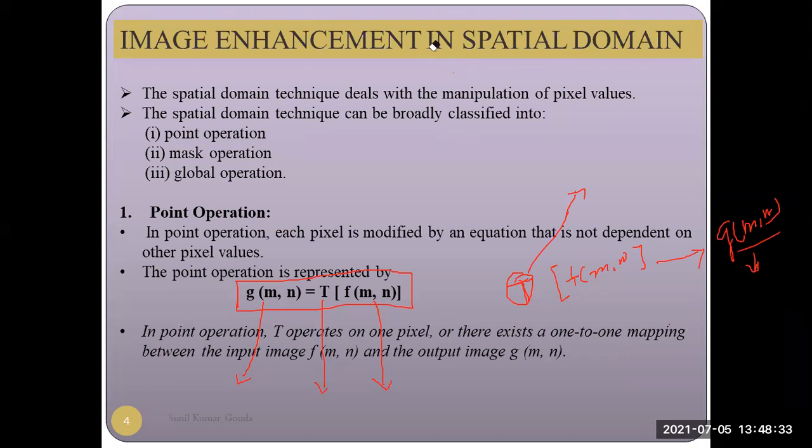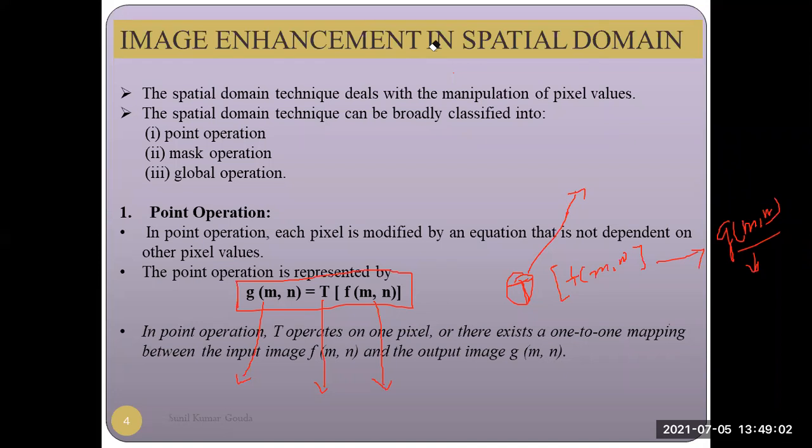For example, if there is a black and white image and I say find the negative of that image, that means convert all zeros to one and ones to zero. Now there is a linear dependency. And non-linear, for example, a logarithmic transformation, an exponential transformation, or there is one more called gamma transformation.